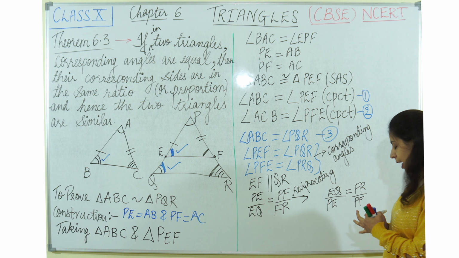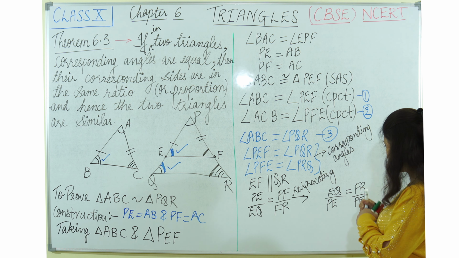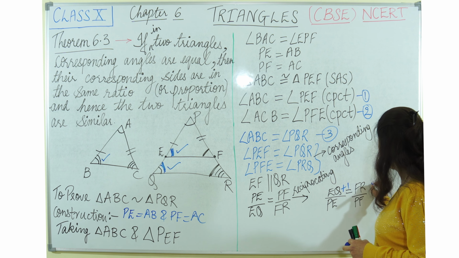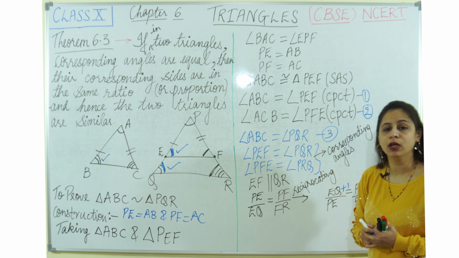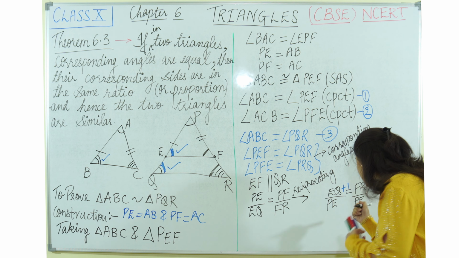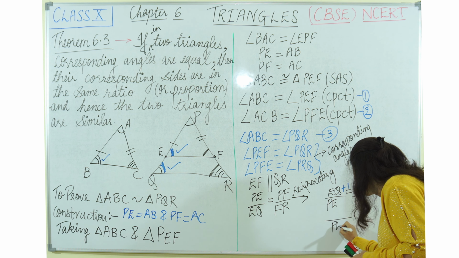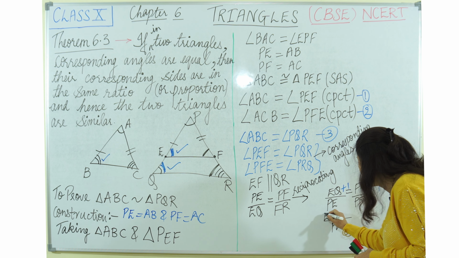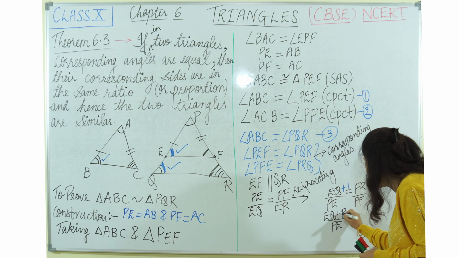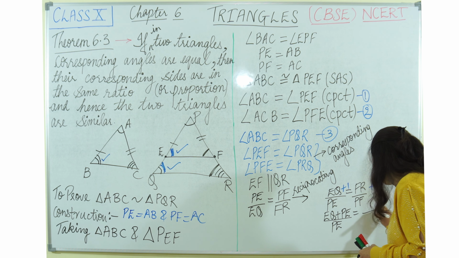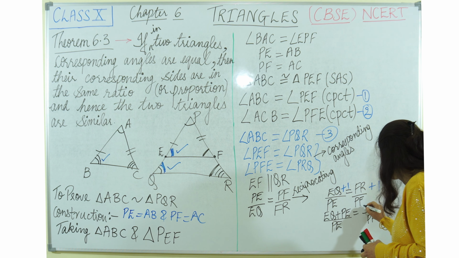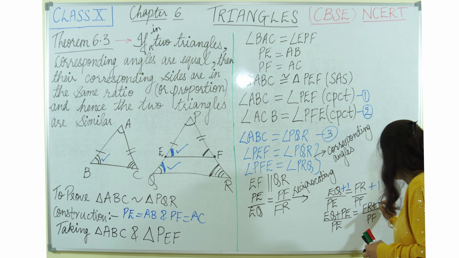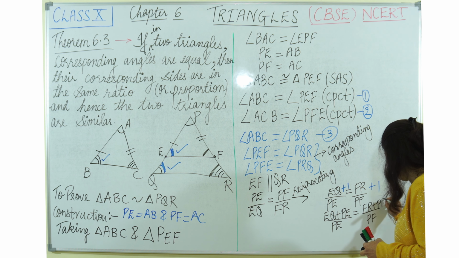Then I'll be adding 1 to both sides. Then I'll be taking the LCM. So I'll be getting EQ plus PE is equal to FR plus PF.